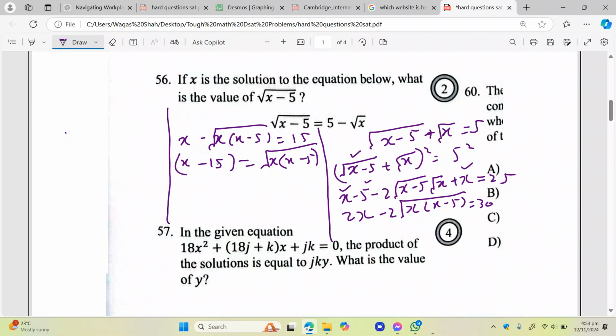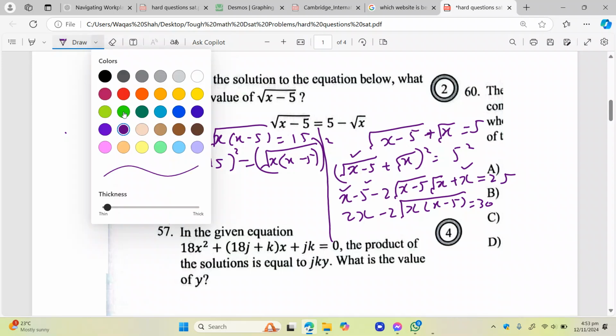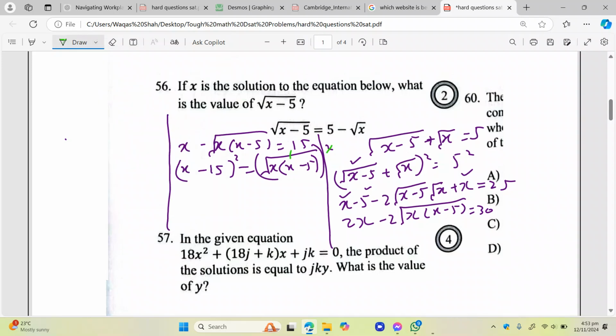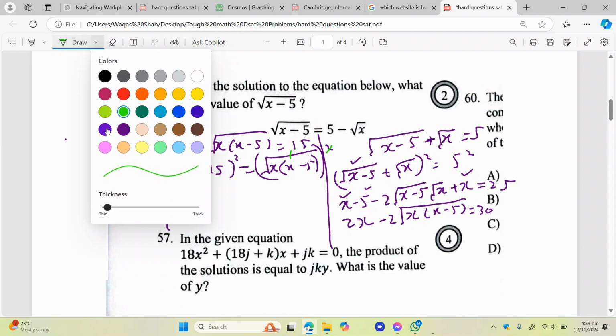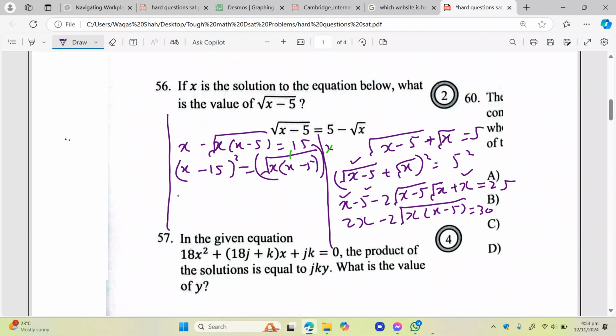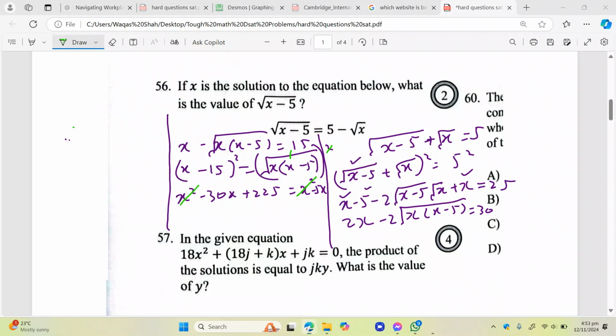And if you take square on both sides, you can see that the square will cancel out this square root, right? So it will be again x square minus 30x plus 225, and this will be x square minus 5x. Okay, so you can see that you can cancel out this x square with x square, right?